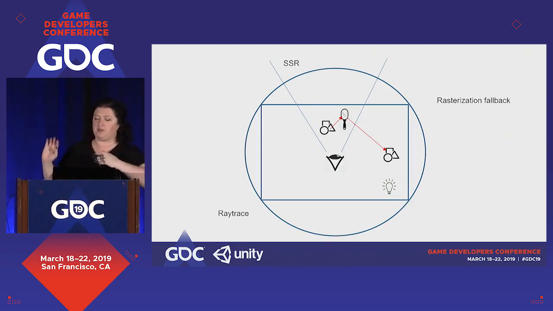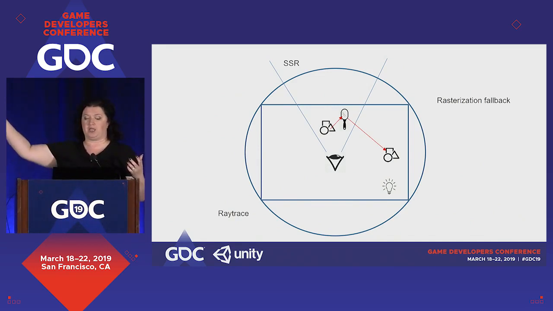This is your frustum view, and the areas where you define rasterization fallbacks, you can see we fall back to SSR further away, and we define the area where we're still computing global reflections around the proximity of the camera, again driven by your quality and performance needs. And then further away, you start falling back to more and more LOD approaches for SSR and similar approaches, or even drop that out if you need to.